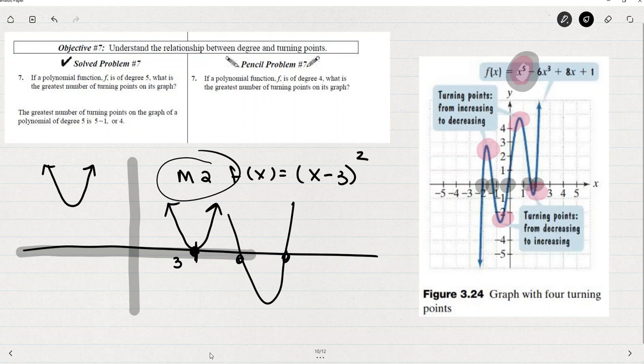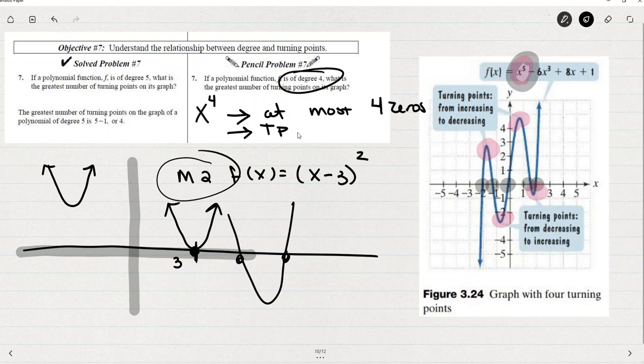So 5 minus 1. When we have a polynomial that's degree 4, so its highest exponent for the x looks like this, we know that there are at most 4 zeros, but the number of times it turns around, the turning points, would be at most 1 less than that, or 3.